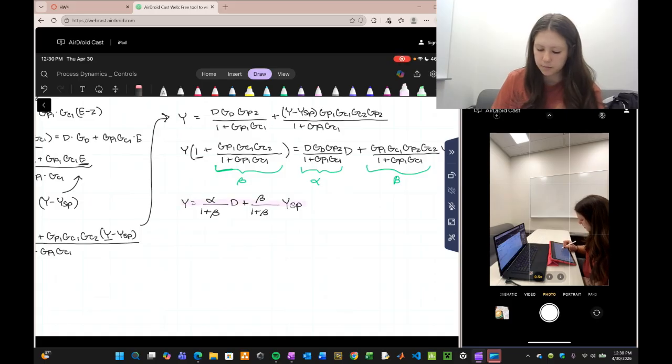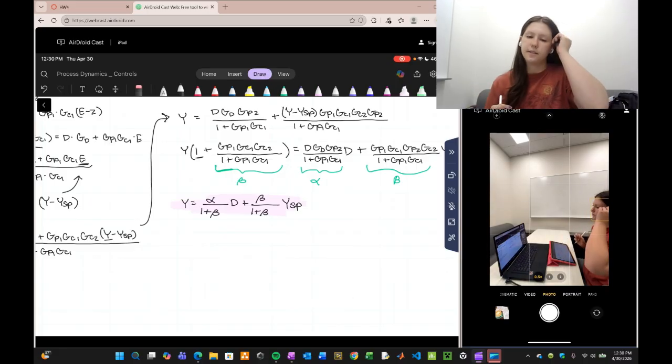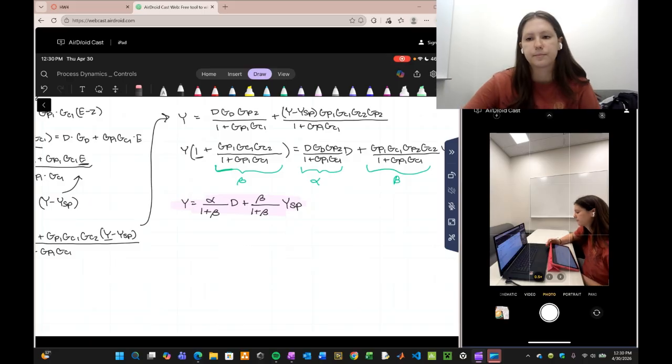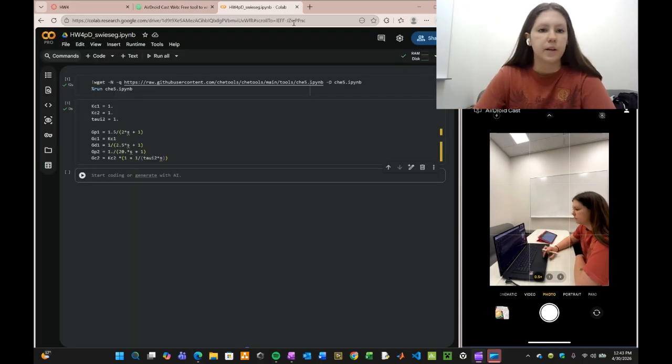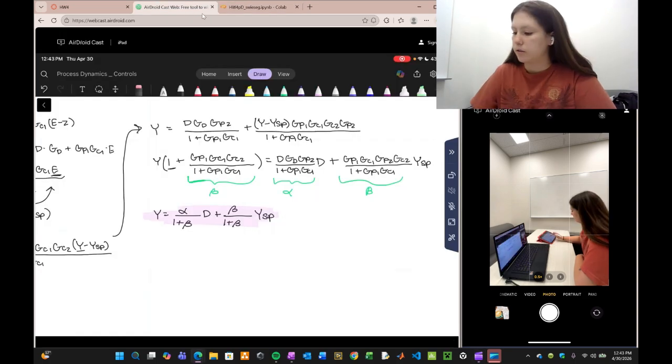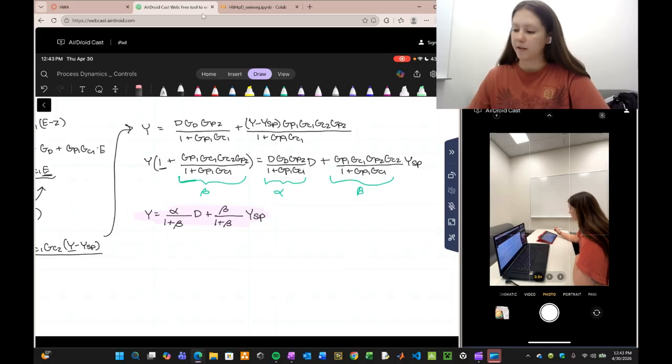And now we can move on to part 3 of this homework and code out a few examples in Colab. All right, so I did forget to write a GP2 right there. So now those betas are equal.